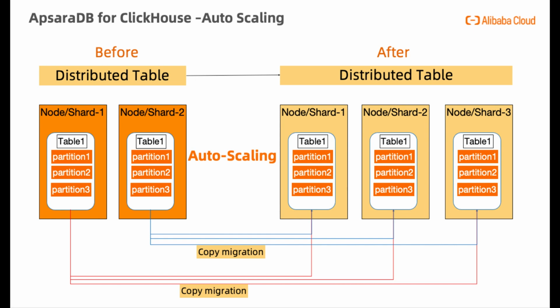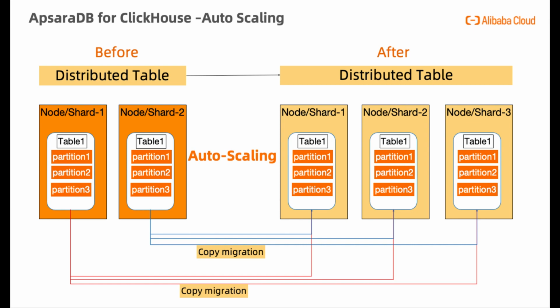One is simple expansion, which only increases the number of original cluster nodes for usage, just like the open source ClickHouse can do. Besides, another option is the migration expansion. If you select migration expansion, a new cluster is created and new nodes are added to the cluster.